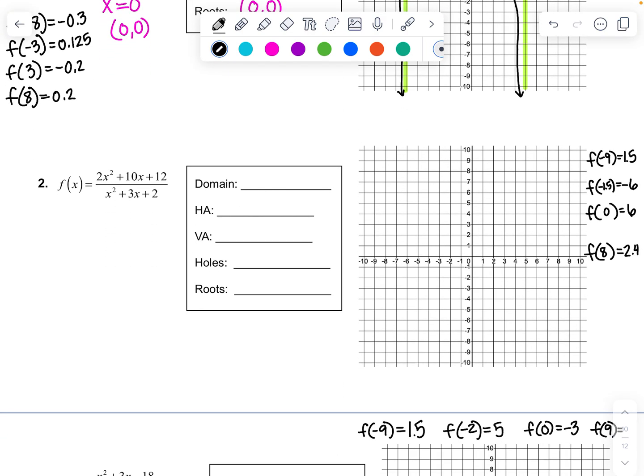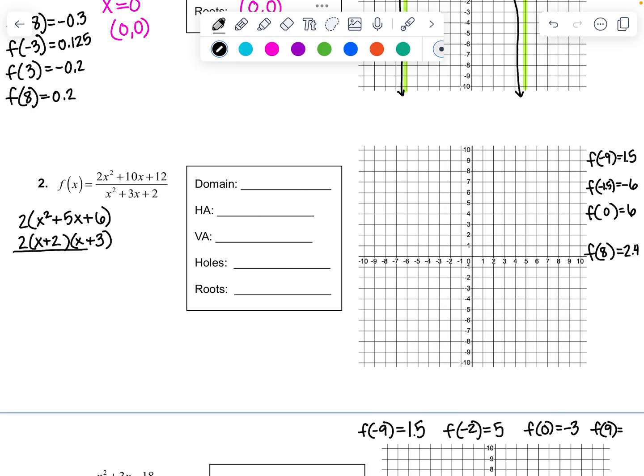First thing is we want to factor. So I'm going to look at my numerator. It looks like I could factor out a GCF of 2. Then it looks like I can factor what is inside the parentheses. Numbers that multiply to 6 but add to 5. I have 2 times 3 and 2 plus 3. So that is my numerator.